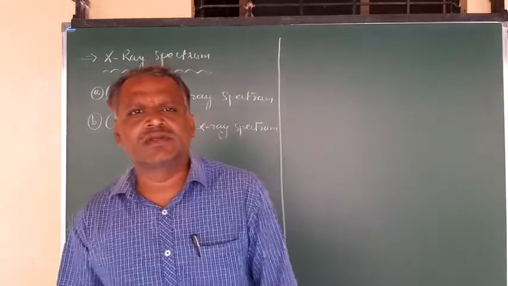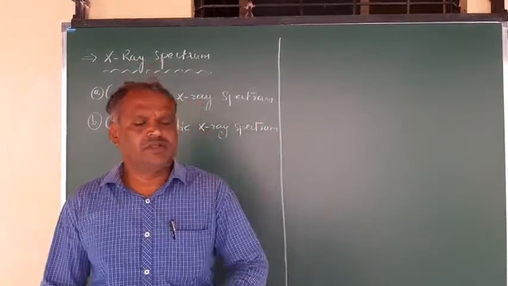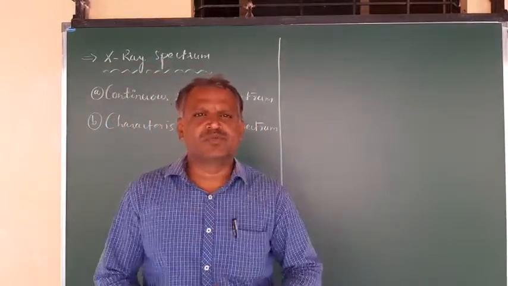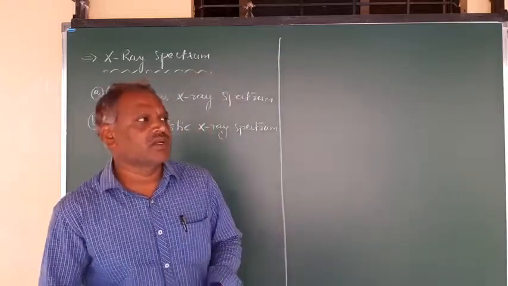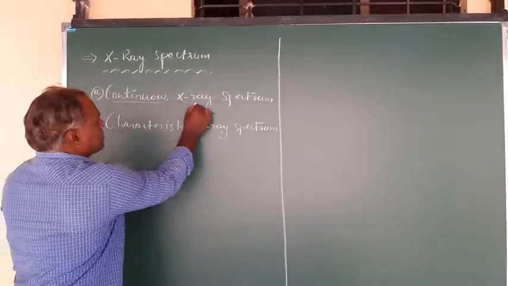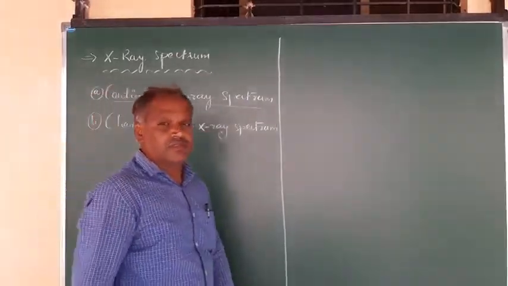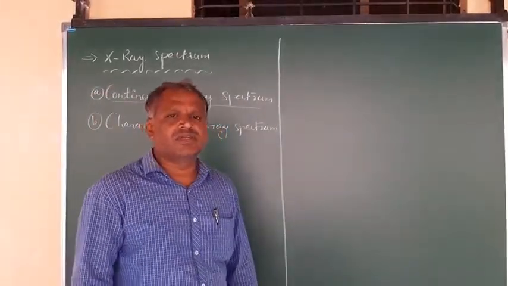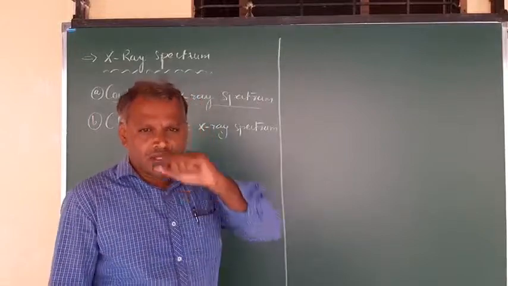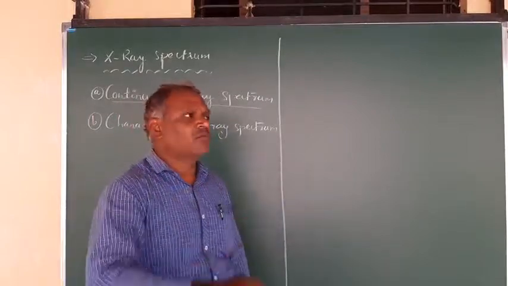Yeah, hi students. So in the last video we covered the X-ray spectrum, and in that we discussed both continuous and characteristic X-ray spectrum. In the continuous X-ray spectrum, the wavelength of the X-rays we observe is based on the operating potential.